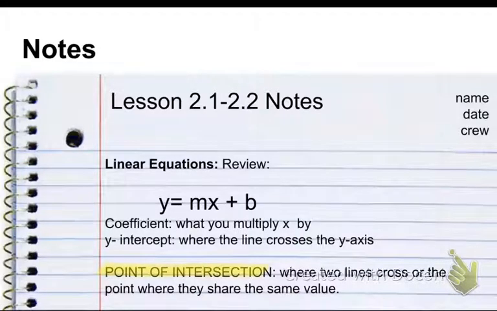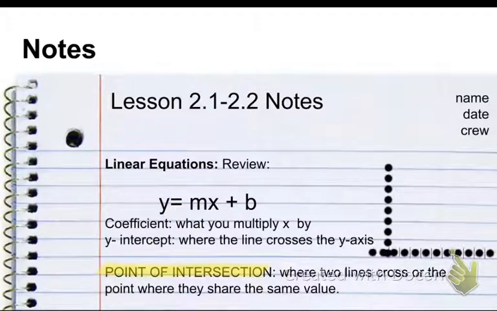The point of intersection is where two lines cross, or the point where they share the same value. So for instance, if I have a graph that I have made, and I have one line coming up here, and I have another line right here, this would be the point of intersection, right here, where those two lines intersect or meet.